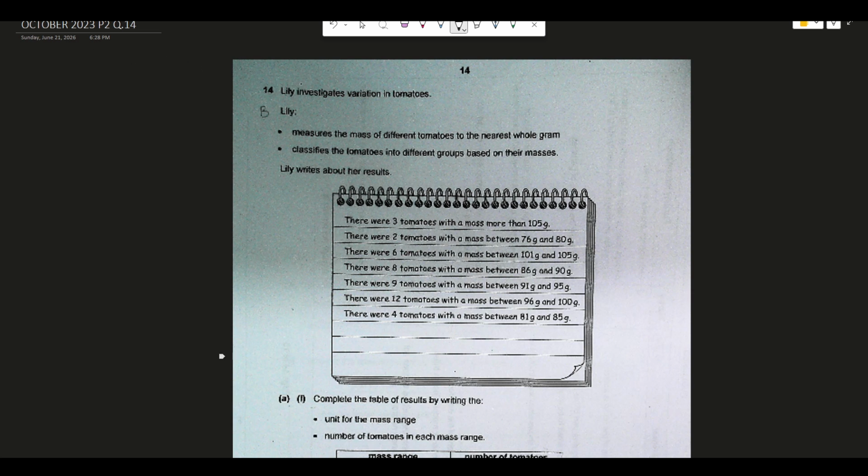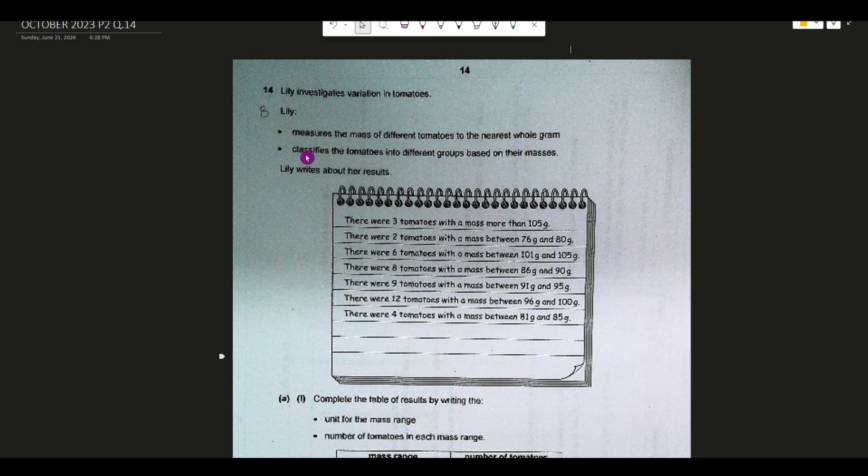So question number 14: there is this girl called Lily. She investigates variation in tomatoes. She measures the mass of different tomatoes to the nearest whole number in grams.